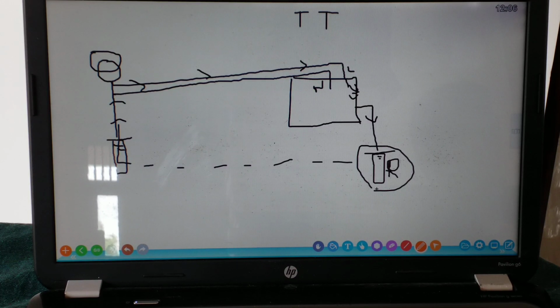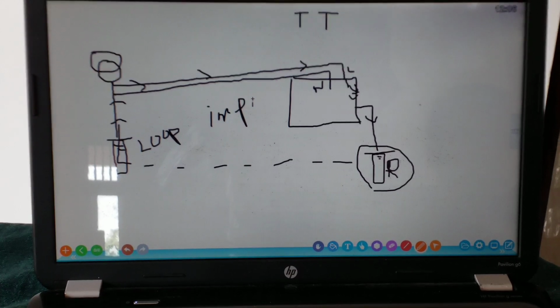So the most important thing is not the rod resistance, but the loop impedance of the fault current path. Loop impedance is this. We can measure the loop impedance and the rod resistance with two separate pieces of equipment.